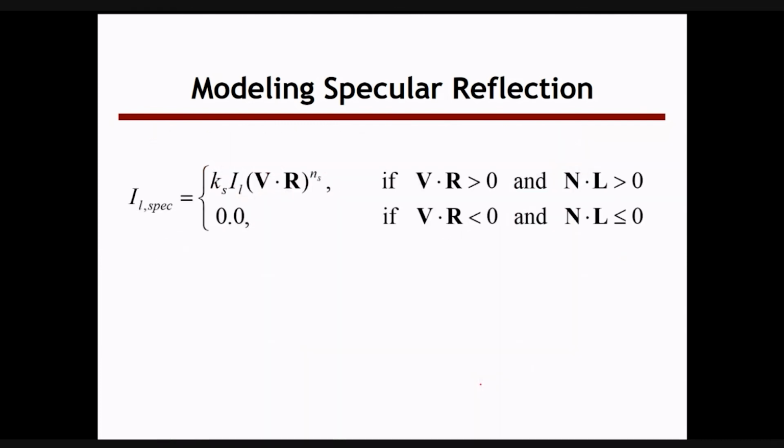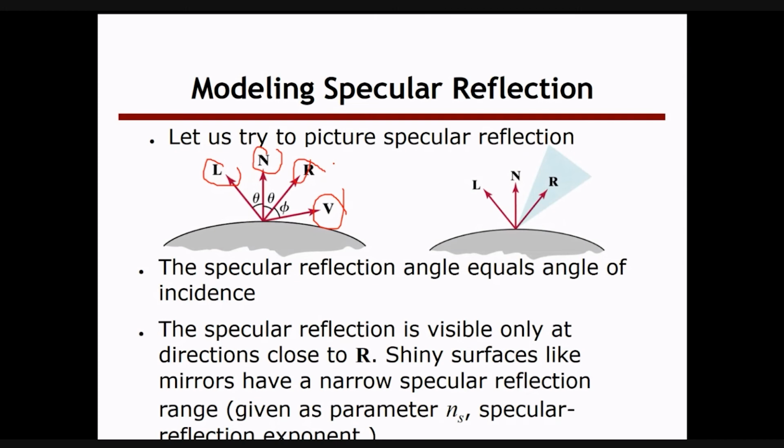Similarly here, if V dot R is greater than 0 and n_s is greater than 0, then you model it in this particular part. We keep n_s here because of the narrow specular reflection. If we are using a shiny surface like a metal ball or a mirror, then we need to give this parameter also.